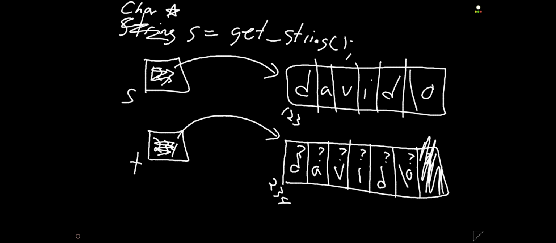Give me 6 bytes, not 7 bytes in this case, and then literally copy each of the characters from the original string into this new string all the way up through that \0 character. And then when you capitalize the first character in T, you are literally only changing this. We are only changing this first character here, which looks like that now. And that's what's going on underneath the hood.